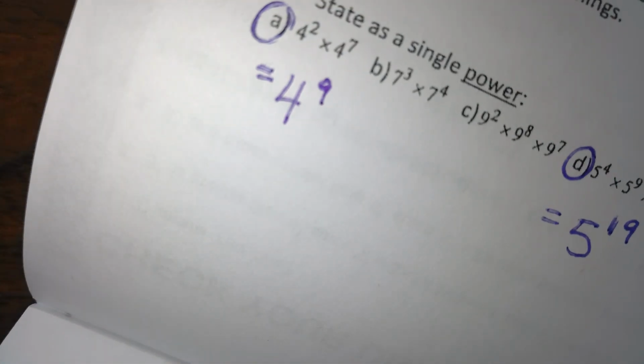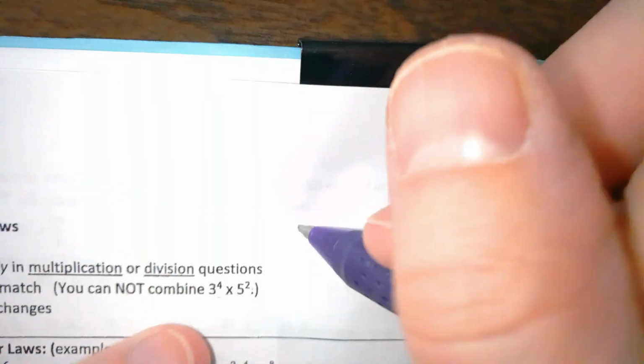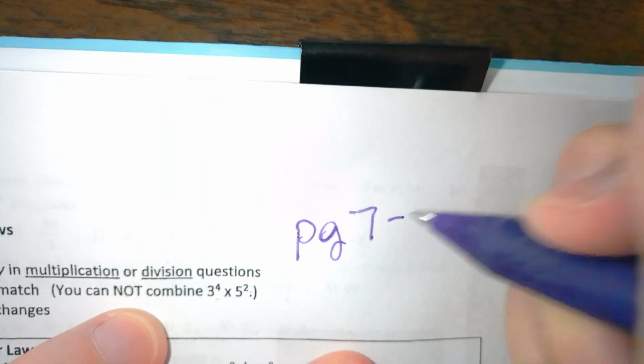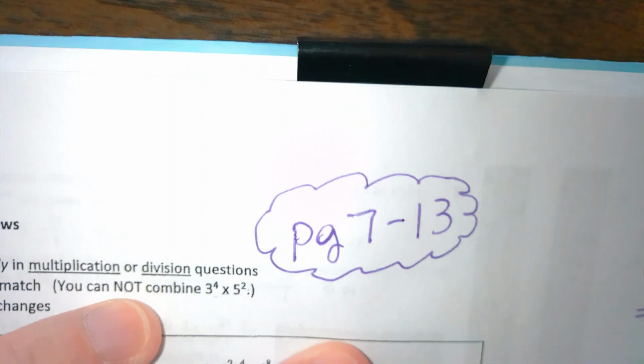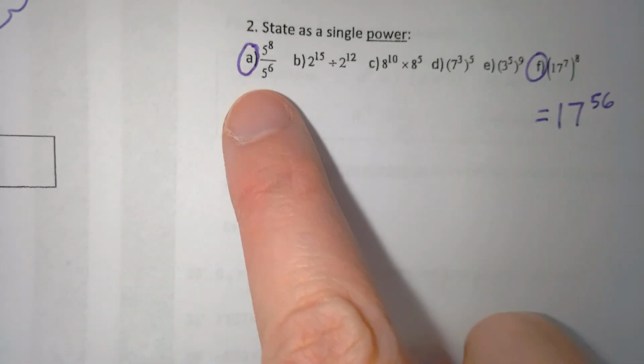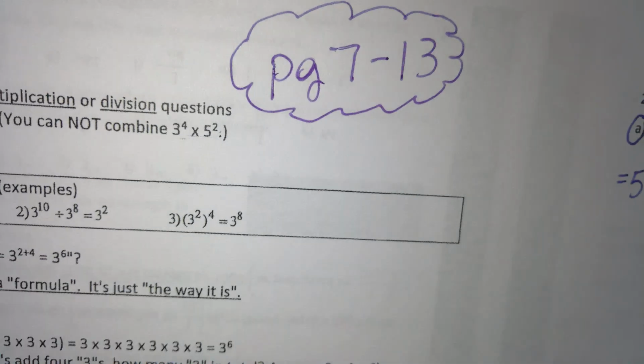So for the rest of the class, if you guys can work on everything from page 7 to 13. Alright, so page 7 to 13. Alright. So like for example, these ones right here where I only did A and F, I do expect you guys to do the ones in between. Alright, so page 7 to 13.